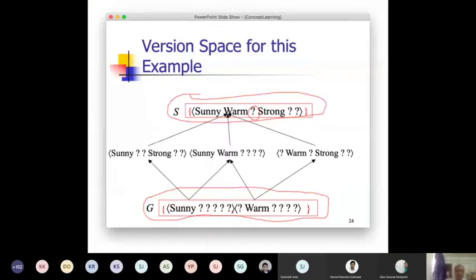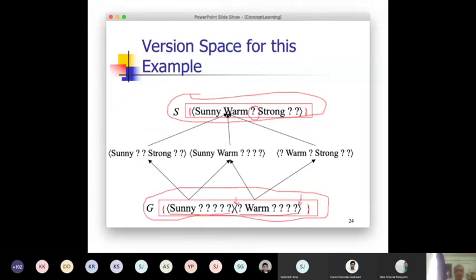All these hypotheses are consistent. Every set of Boolean literals that is shown as a vector using these brackets represents a hypothesis. So these are all hypotheses.